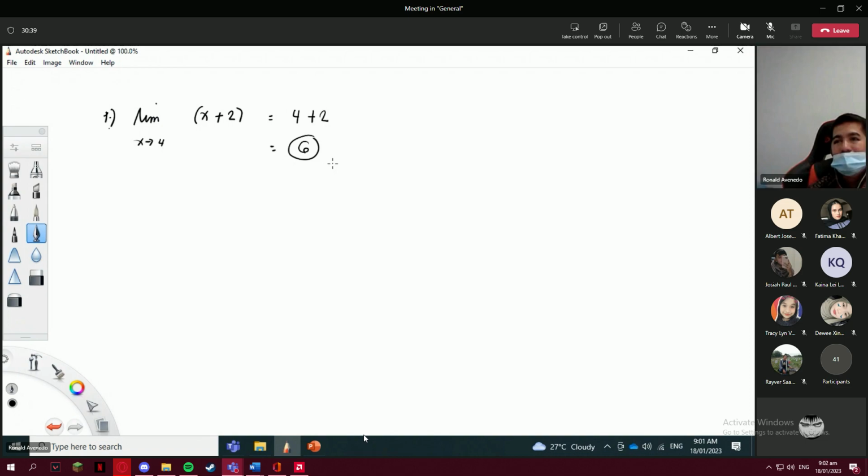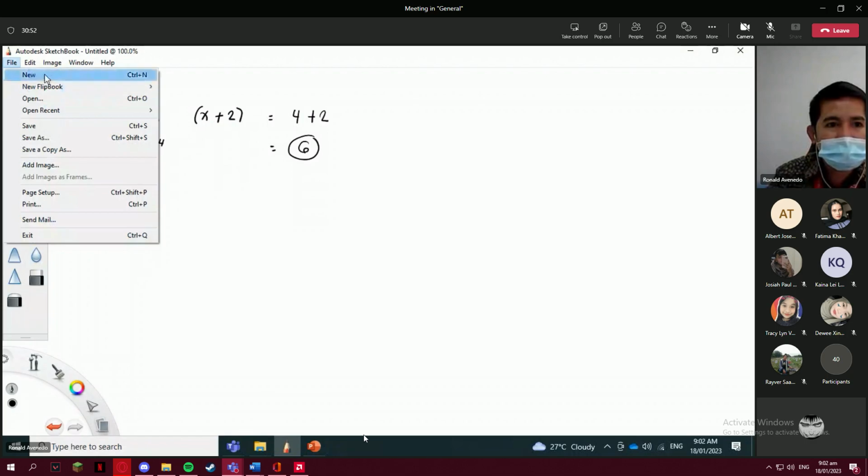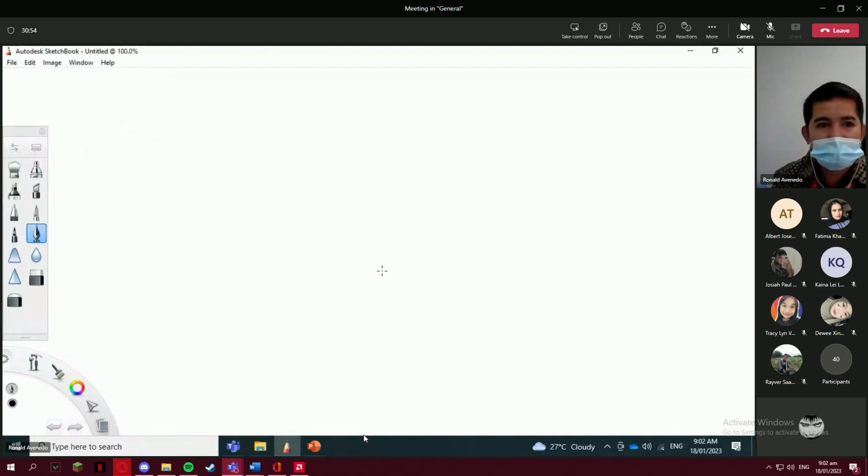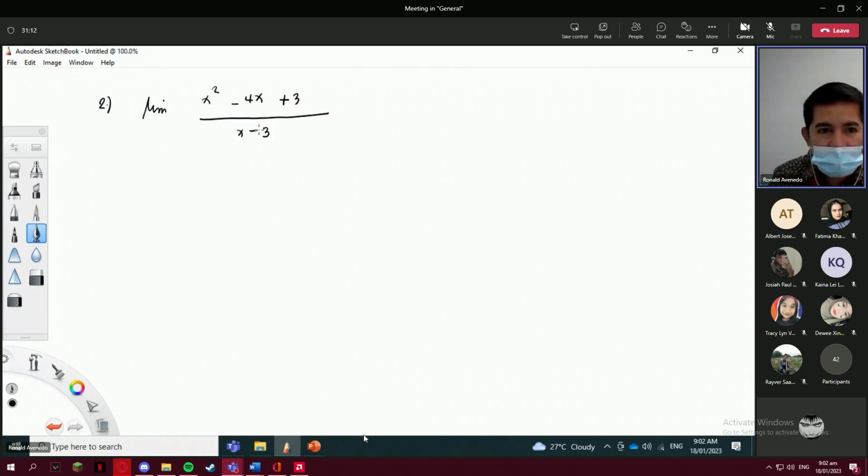Problem. The limit of x squared minus 4x plus 3 all over x minus 3 as x approaches 3.